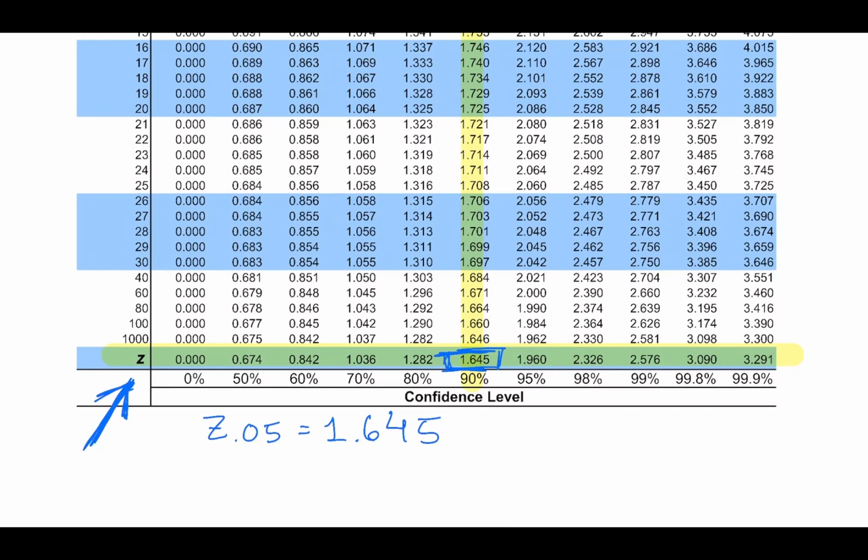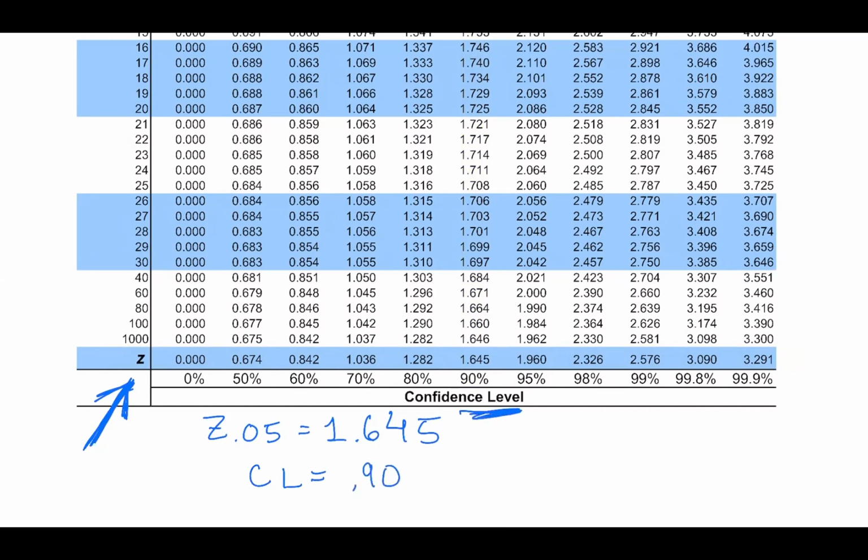There's actually another easier way to do this. It's pretty much all you have to know is the confidence level. What was the confidence level that we were doing it for right now? 0.90. Yeah, 0.90.